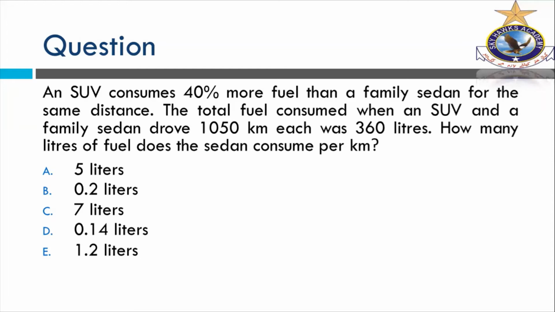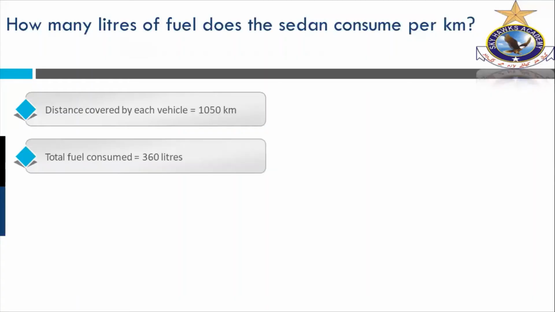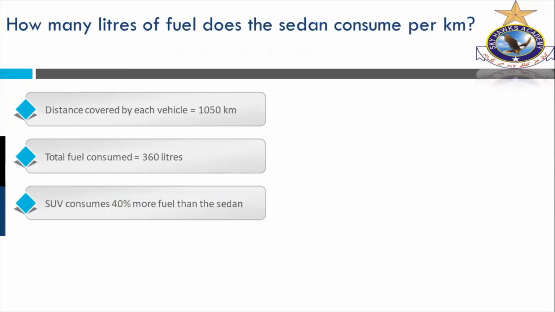We are looking for per kilometer, so we will have to divide. So what we can say, these are only 3 steps to solve. But logically, when we move like this, first of all we write all the digits and the information which is given in the story. So this is all about the things that are given: the total distance, the total consumption of the fuel, and the comparison of which is going to consume more, and by what percentage or number.